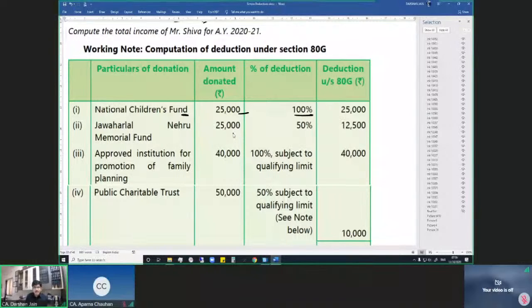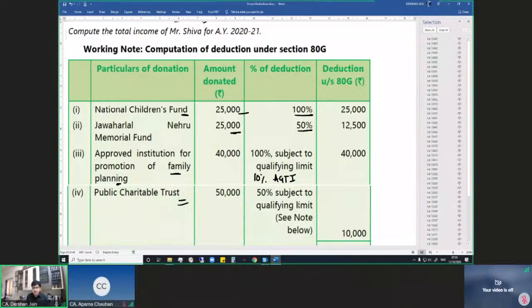In case of Jawaharlal Nehru Memorial Fund, again you could claim 50% deduction without any qualifying limit. However, in case of an approved institution for family planning, the donation is available to the extent of 100% only when it is subject to the qualifying limit, that is 10% of the adjusted gross total income.